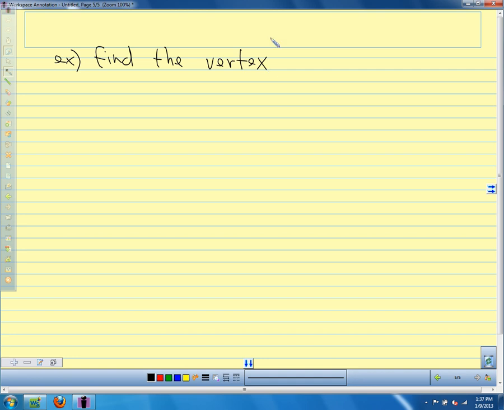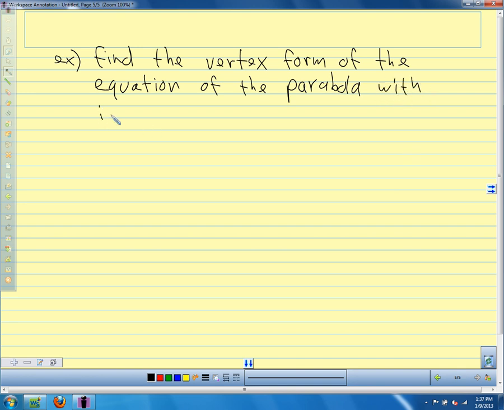We want to find the vertex form of the parabola that has its vertex at 1, -2, and it passes through the point 3, 6.